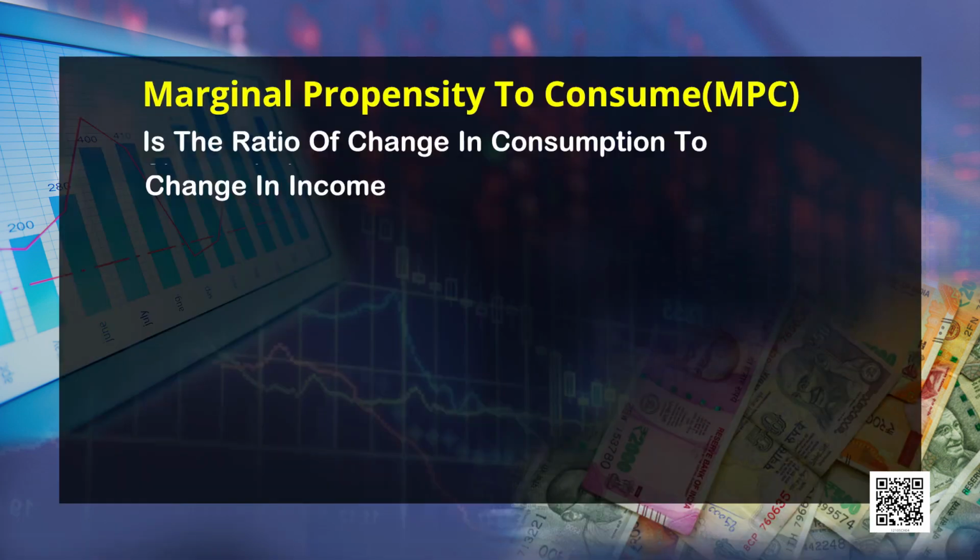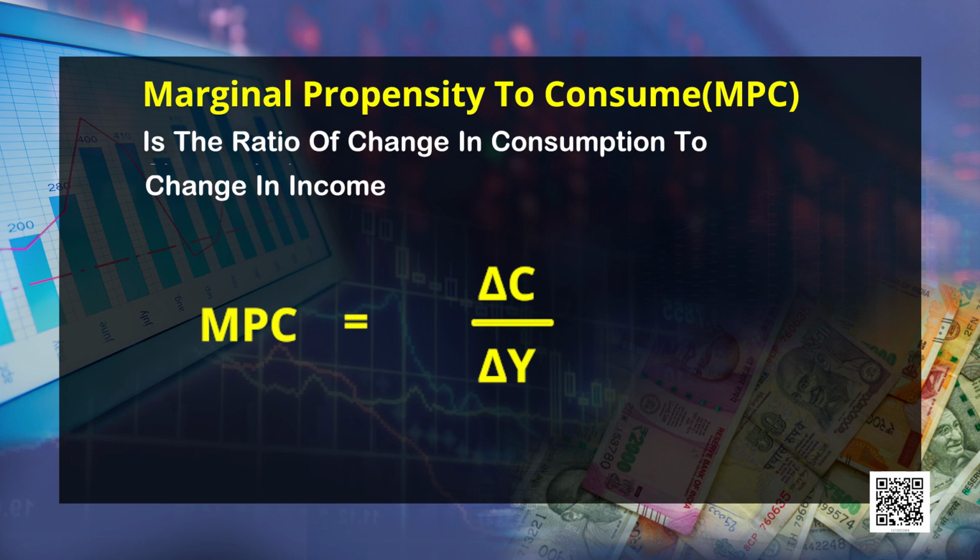As C is always positive, APC will always be positive. Similarly, marginal propensity to consume, represented by MPC, depicts the ratio between change in consumption and change in national income. It depicts what part of increased income is consumed. It is depicted by the formula delta C by delta Y. This will always be positive because income and consumption are always positive.